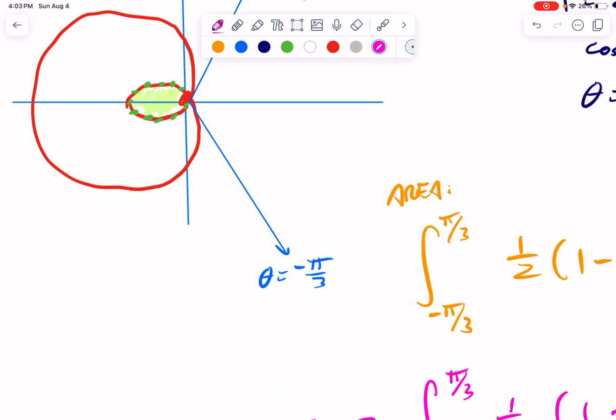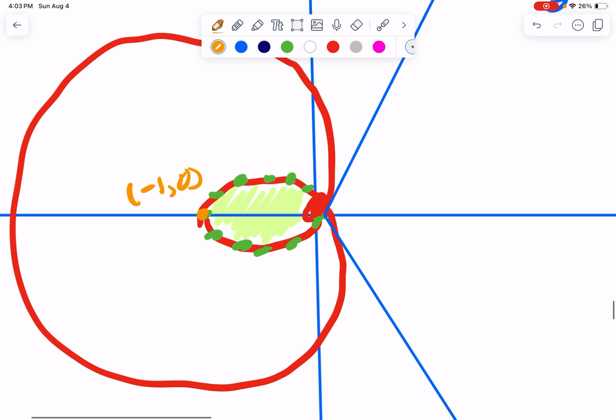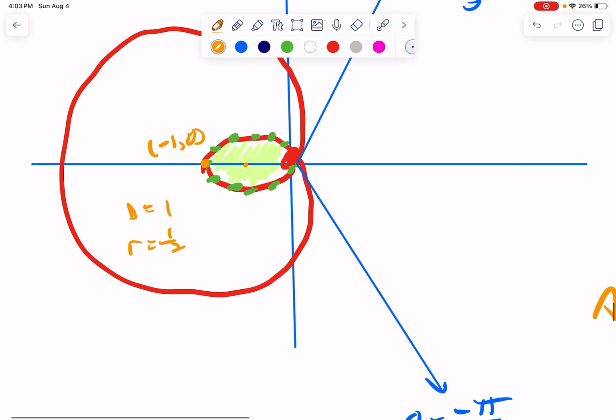Is this plausible? Well, let's just remind ourselves that this is at negative 0, and the 1's comma 0. So if we pretended that this was a circle, it would kind of be like a circle where the diameter is equal to 1, and so therefore the radius is 1/2.